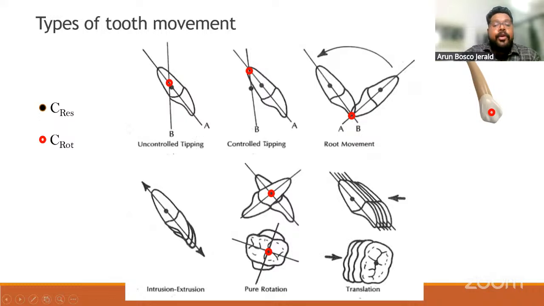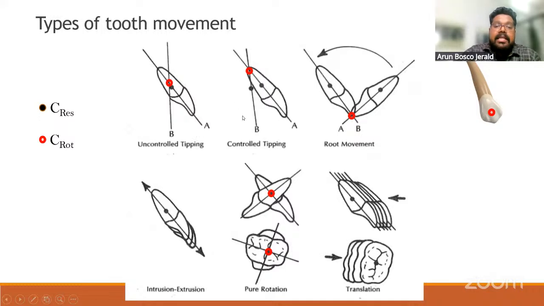Now coming to controlled tipping. Controlled tipping means there is rotation, but yet it is controlled. That means there will be some amount of movement of the root and very much movement for the crown portion. See the position A, which is the actual position from which the tooth has moved to position B. Here you can see that the center of resistance has also moved.